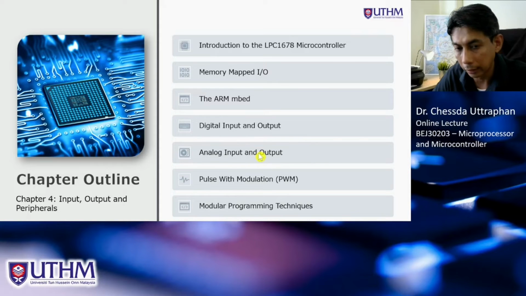We call it digital to analog conversion. We will learn that also, and we will learn what is called pulse width modulation, or in short PWM. This is a very good method in control engineering, to control the devices outside there.